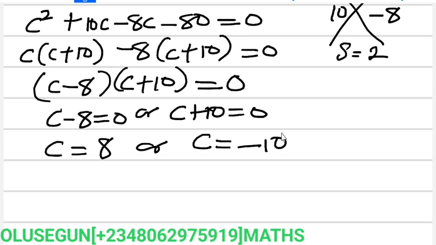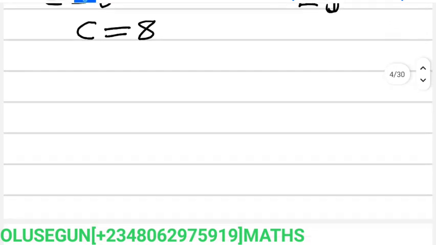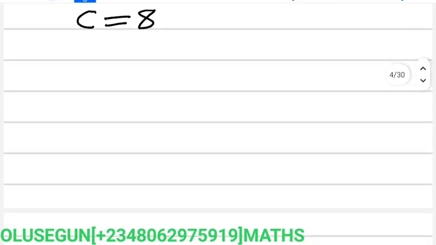So now, minus 10 is going to be rejected because it is negative. So the value of c is equal to 8. Therefore, we have gotten the value of c to be 8.